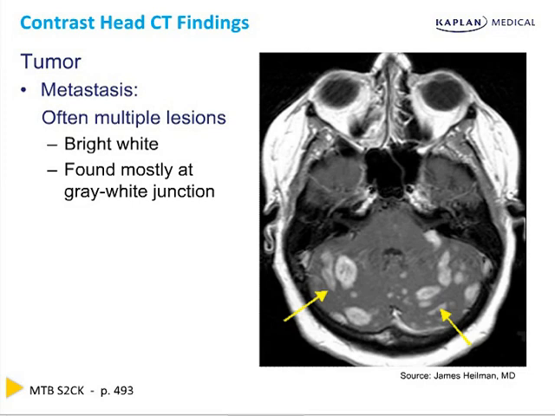This is because tumor metastases to the brain are carried through the bloodstream, and at the gray-white border, the vessels quickly branch into capillaries, which provides the perfect location for tumor cells to drop roots and begin growing. As expected, mass effect is seen with metastatic tumors as well.